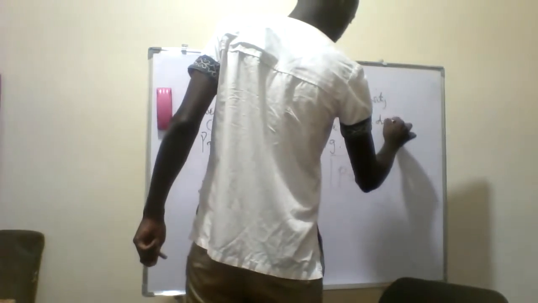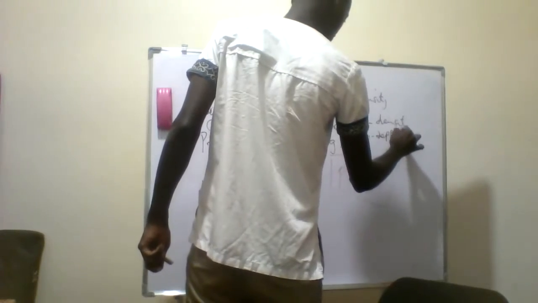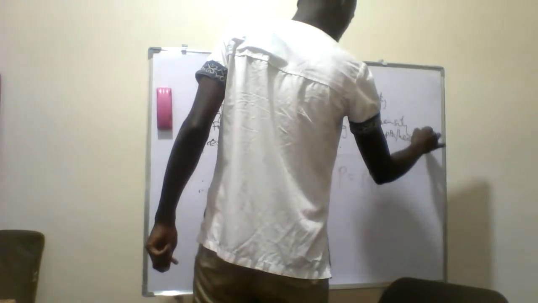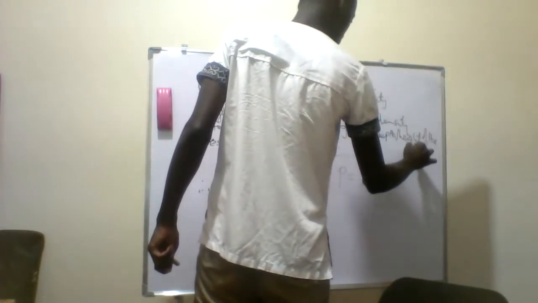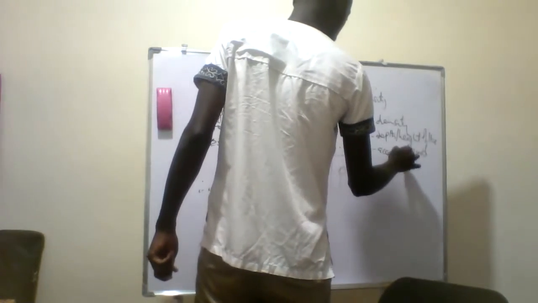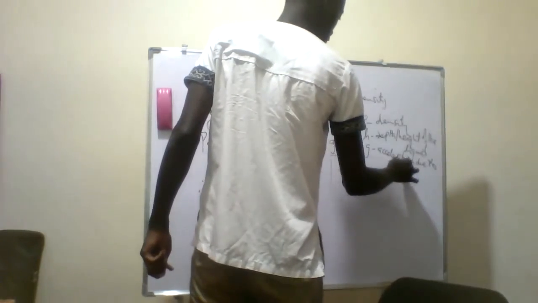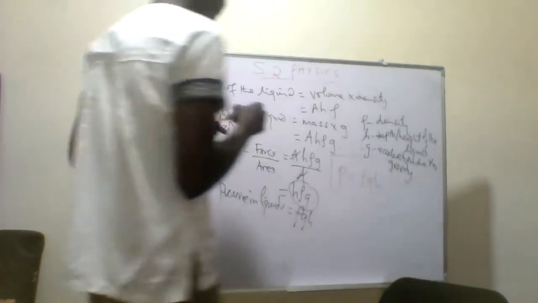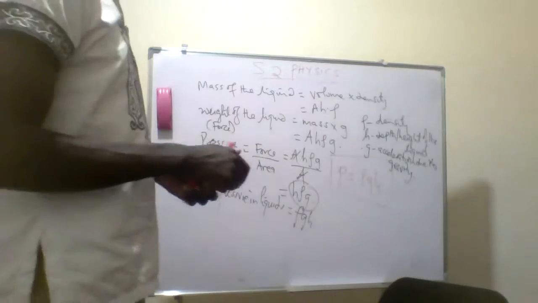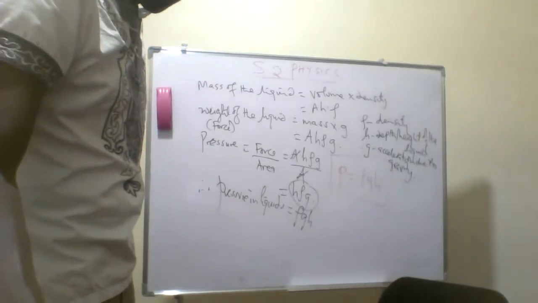I repeat, rho is the density, H is the depth or the height of the liquid, and g is the acceleration due to the force of gravity. That's what we're going to use to do some examples that are going to come in the next tutorial.